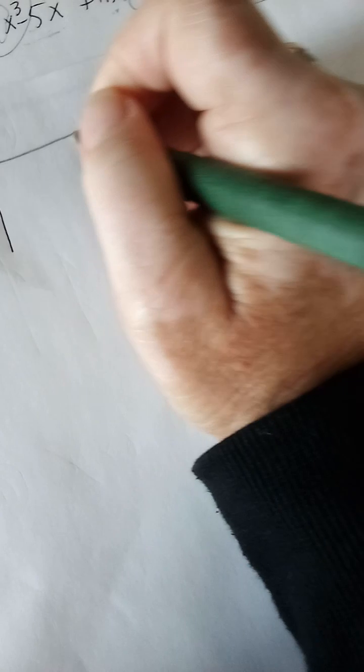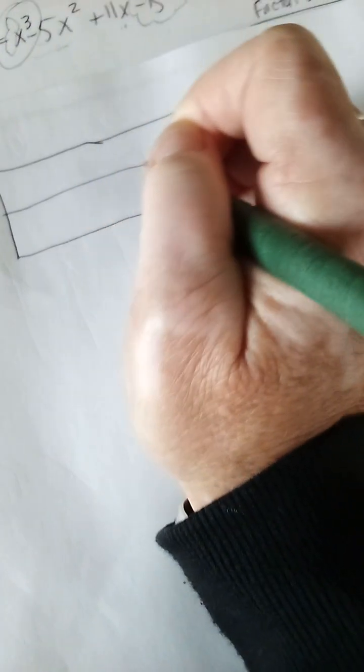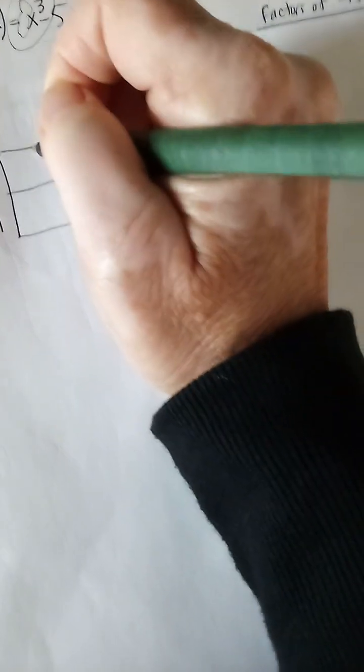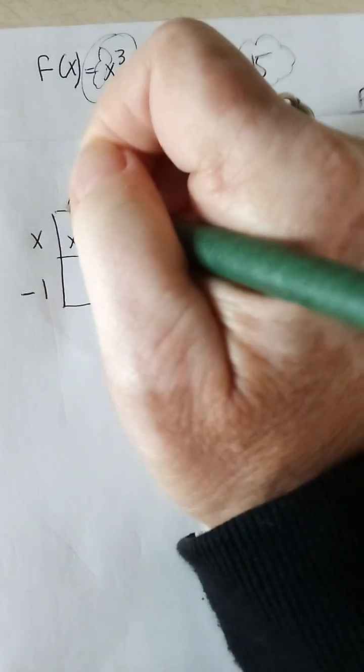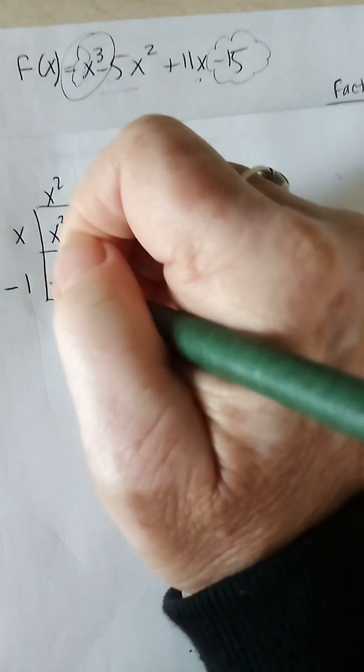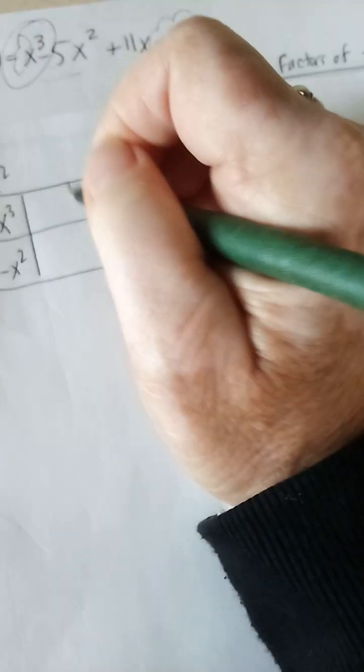The next one on my list is going to be... sorry, not x plus 2, x plus -1. Remember, x plus 2, we said that's not going to work. So x minus 1. Remember, I'm trying to multiply out to get x cubed. So this has to be x squared. This will be -x squared.